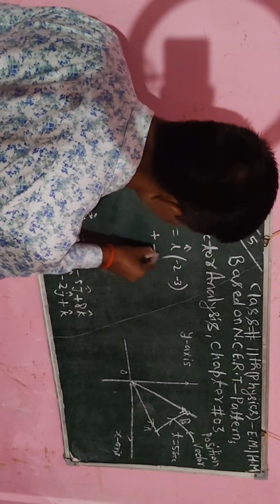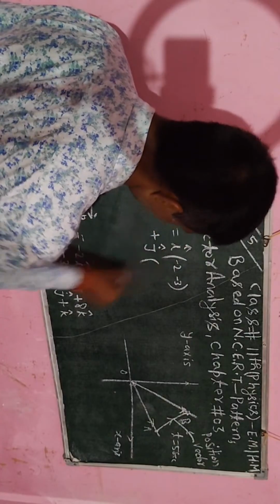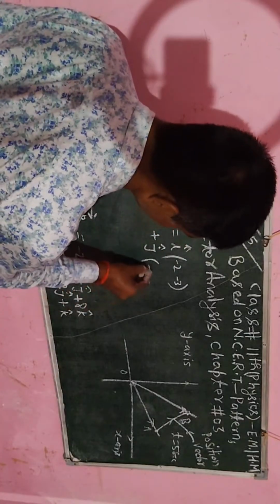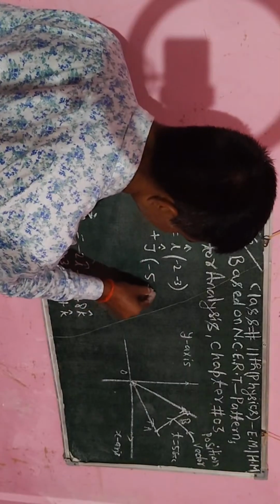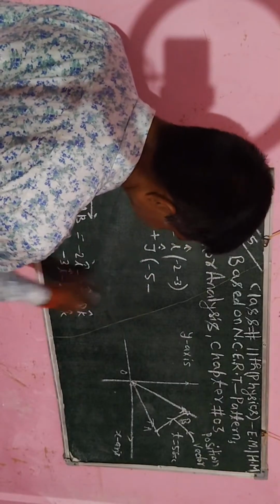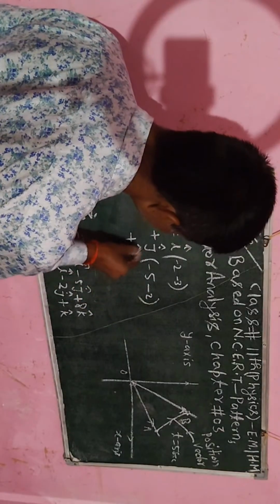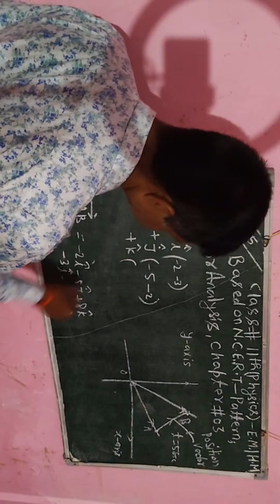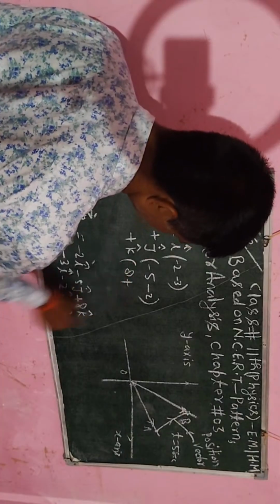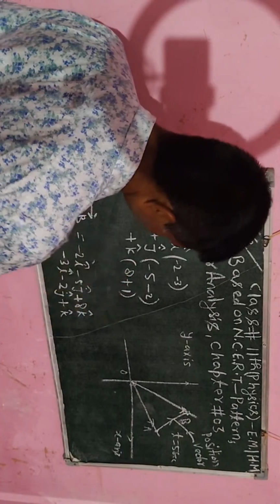Again I will put plus vector j cap and in the bracket the coefficient of j is minus 5 and here is minus 2. Again vector k cap, and here the coefficient is 8 and here is 1. So I will have it like this.